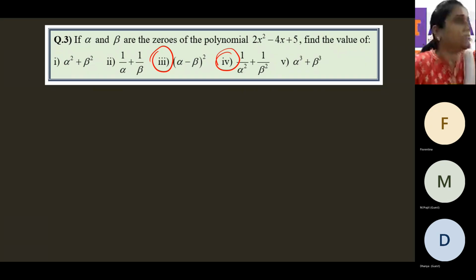Give me a book. Just pass it from there. Oh, so alpha minus beta the whole square is alpha square plus beta square minus 2 alpha beta will come. Okay.